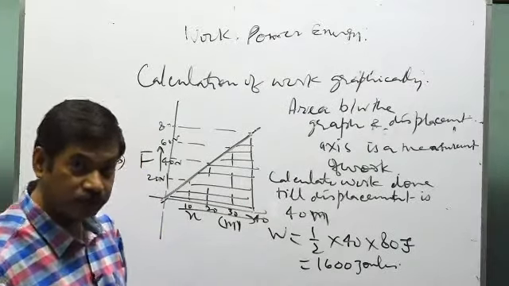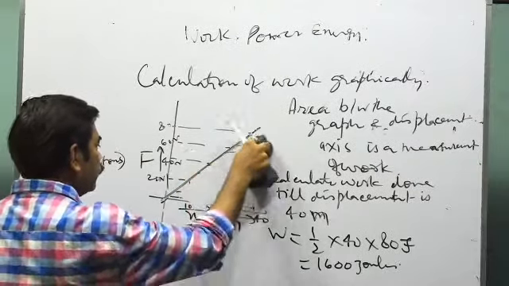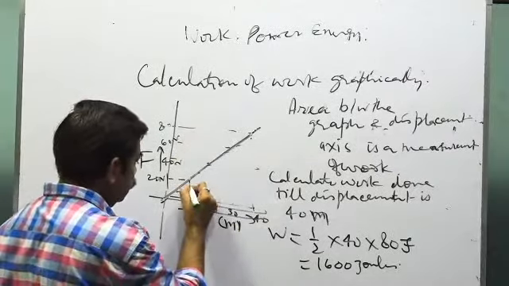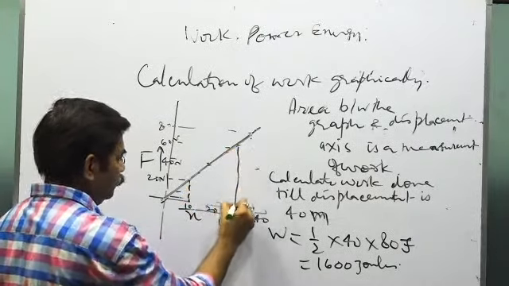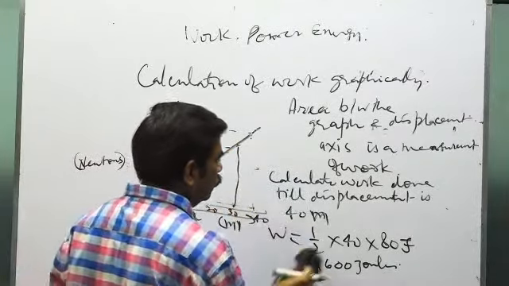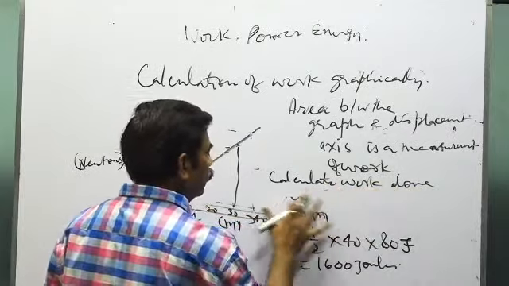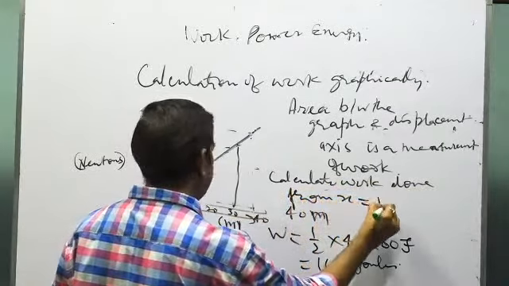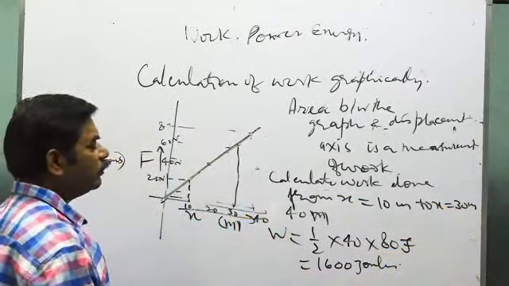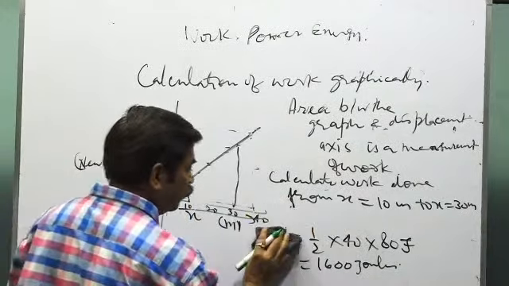Suppose they have asked you to calculate the work done by the force from x equals to 10 meter to x equals to 30 meters. Then see how do you calculate that?